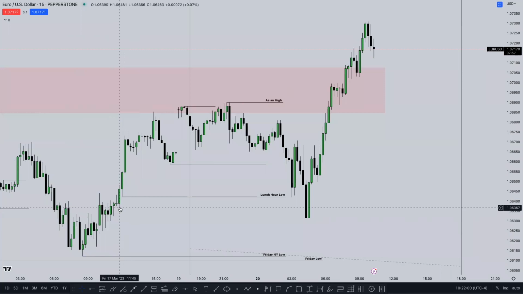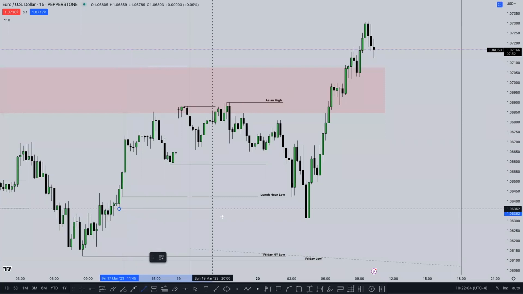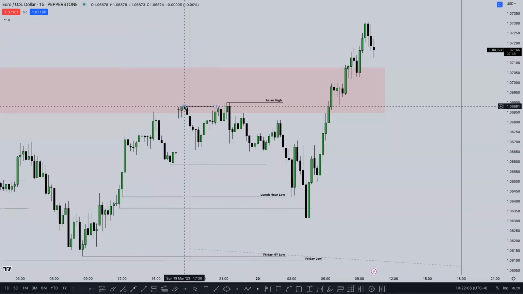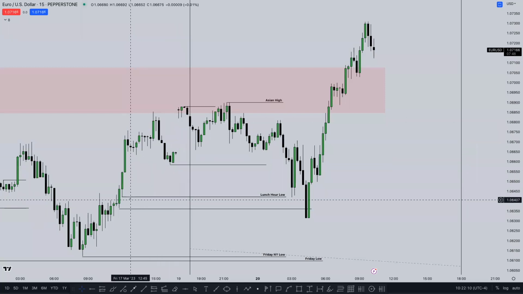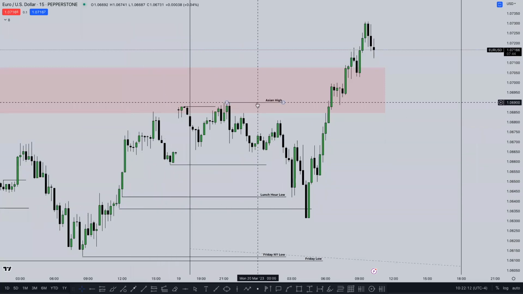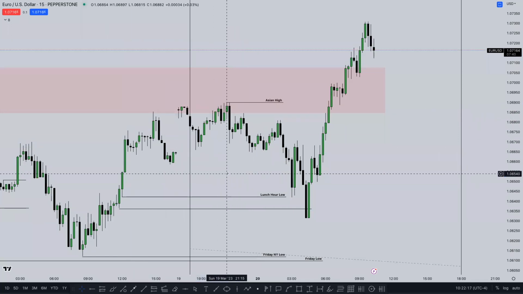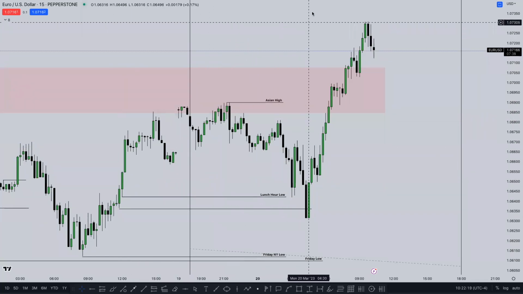Can you see this swing low here? From here to the Asian high, that is your defined range.